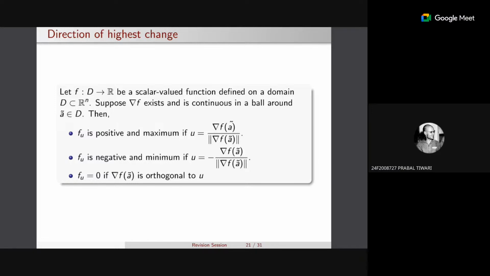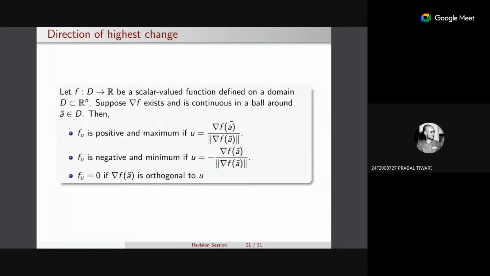This I won't spend much time on, because it is just remembering that in the direction of the gradient vector itself, your function increases the most, and in the negative of that direction is where the function decreases the most, and orthogonal to the gradient vector is where the function remains unchanged, if there is a direction like that, and typically there will be because you will be in more than one dimension.